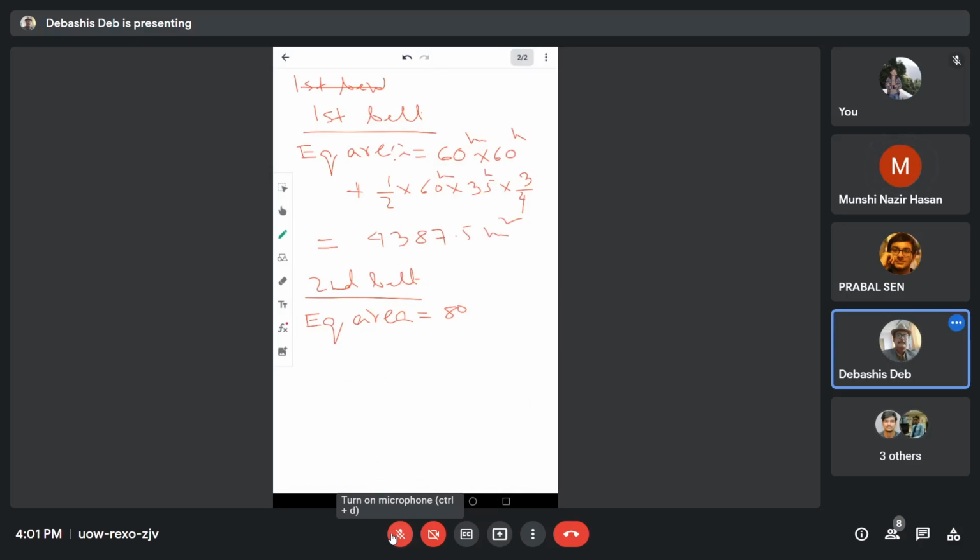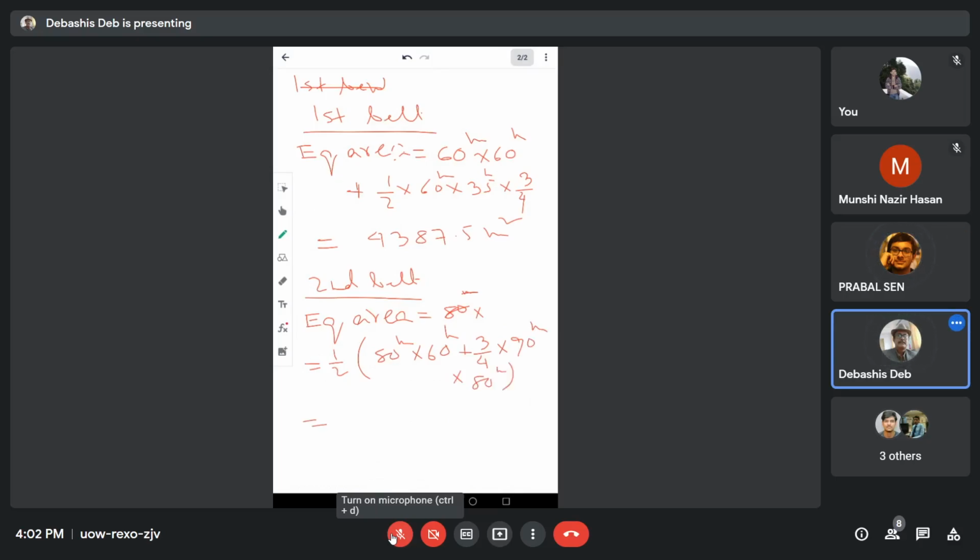Yes, sir. The second belt, its equivalent area is coming 80 meter by 60 meter. Oh no, we must write half outside the bracket. Then 80 meter into 60 meter plus 3/4 into, it is 55 and 35, it is coming 90, 90 meter into 80 meter.